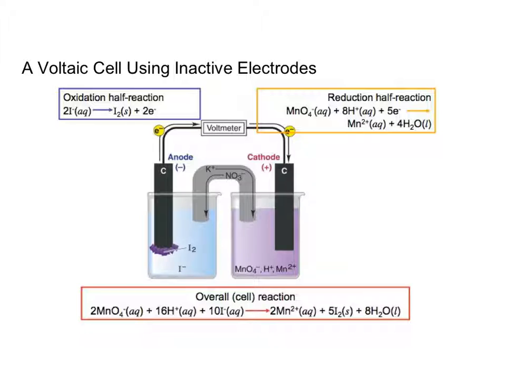So what ends up happening is that as the electrons are transferred, in the case of the anode, we get solid iodine that forms on the anode, and on the cathode side we get a darker solution. But we don't spend a lot of time talking about these in the scope of this class, so I just want you to be aware that you can have inactive electrodes that don't change mass.